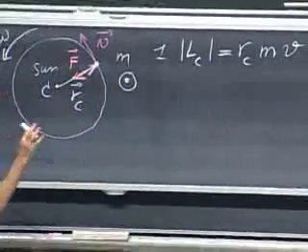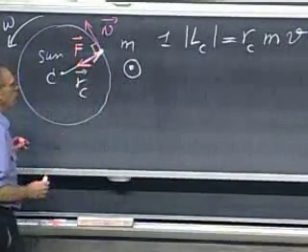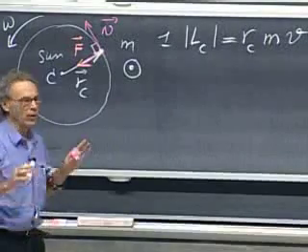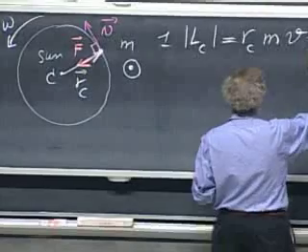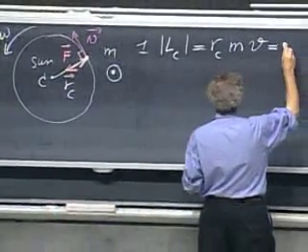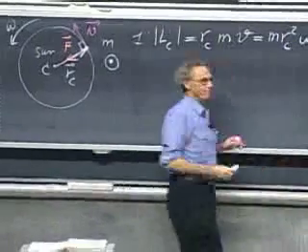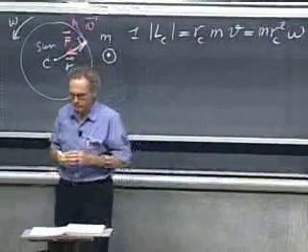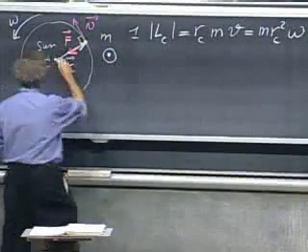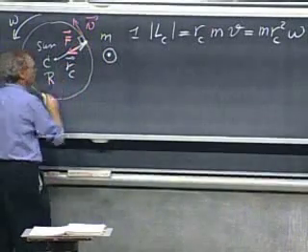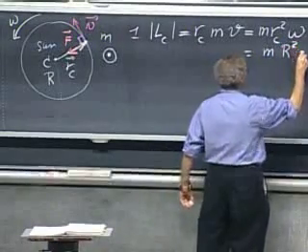And the reason why I don't worry about the cross product now is because this angle is 90 degrees, so the sine of theta equals 1. Now, we may not like to leave v in there. It's up to you. You can always write v equals omega r, so you can also write m r_C squared times omega. Either one is fine. And if this is the radius of the circle, then this obviously becomes m r squared omega.